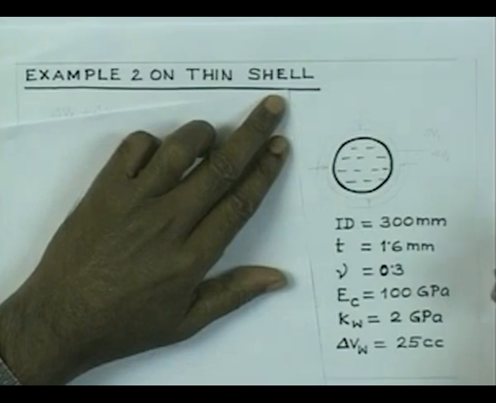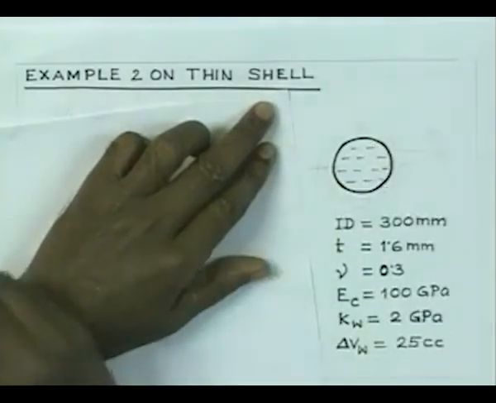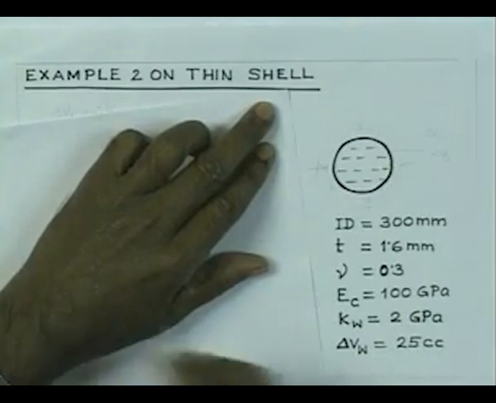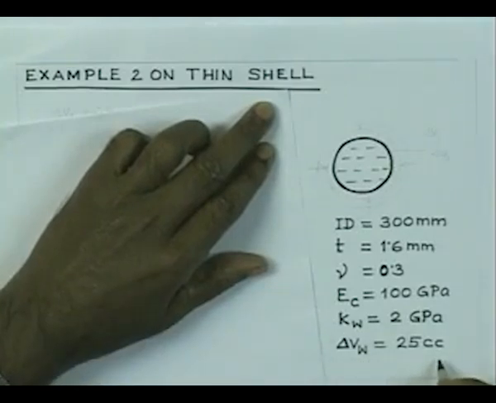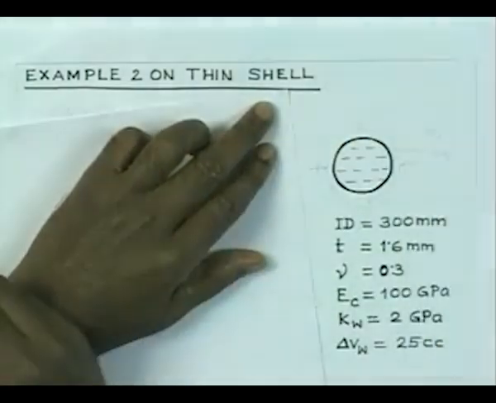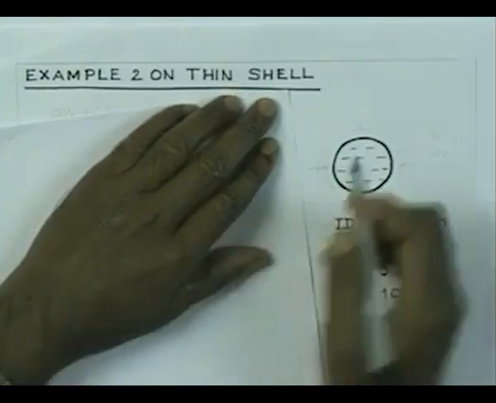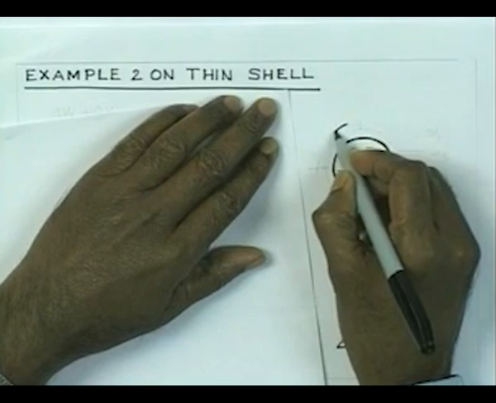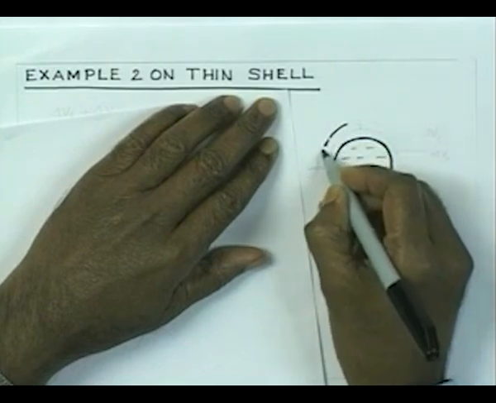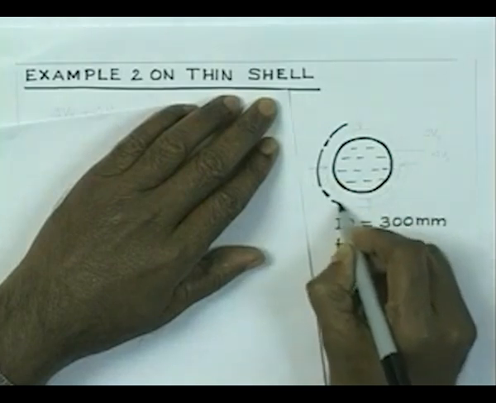If I now look at the problem, it is like this. We have this water already there, and now I am trying to add 25 cc to it. Let us say that at atmospheric pressure, think of it as a spherical cell of water without any cover, and now you try to add 25 cc, and therefore its diameter is going to be more.